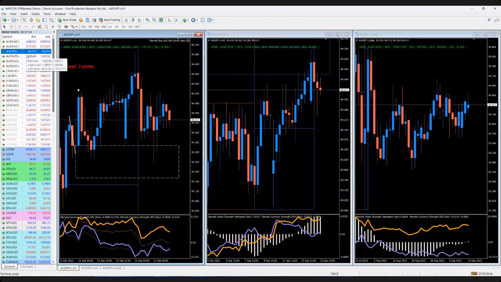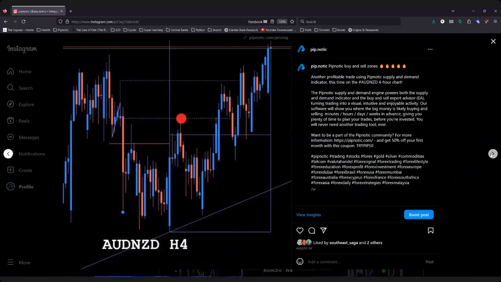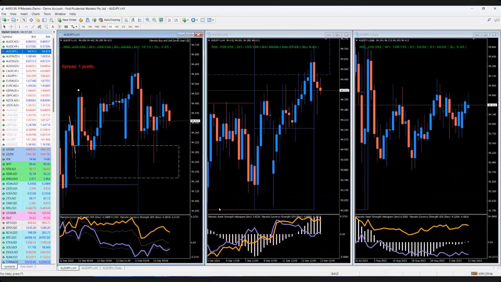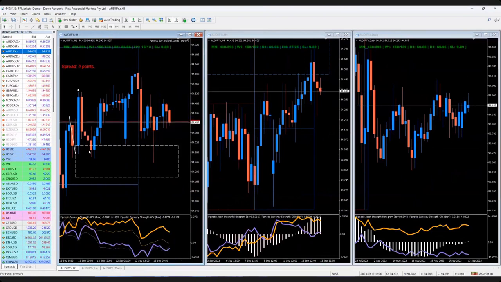Going back, this is the exact same stuff that we can see on Instagram. We're looking for the exact same thing. What I'm doing is really paying attention to the way price behaves when it meets these areas of supply and demand.